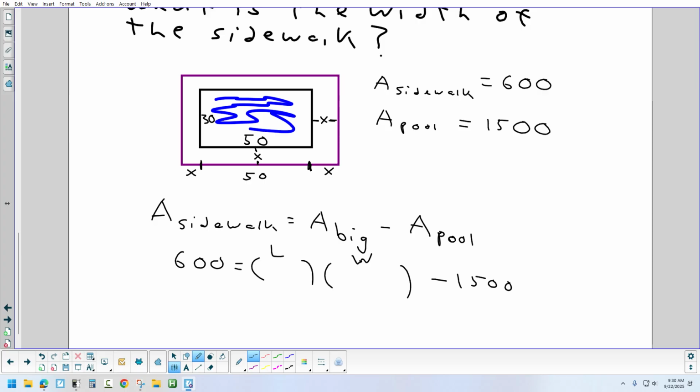So the entire length of the bottom side is 2x plus 50. So that's the length. And the width, same idea. 2x plus 30. That part's 30, that part's x, that part's x. 2x plus 30. Yep.